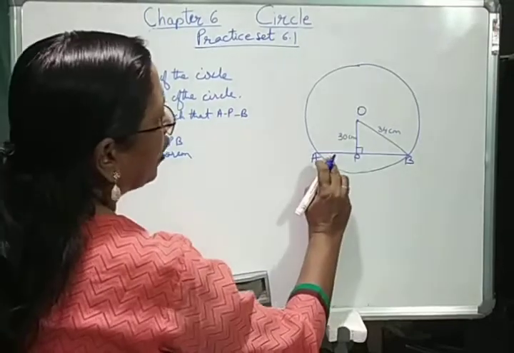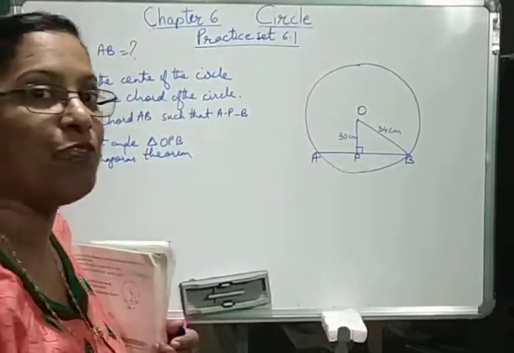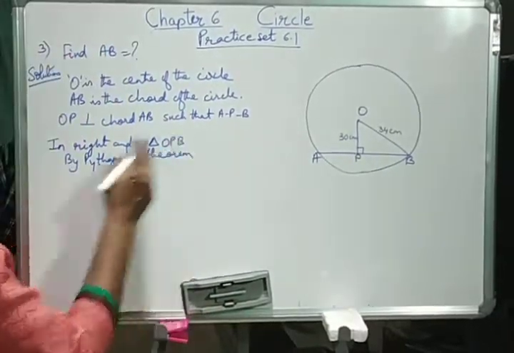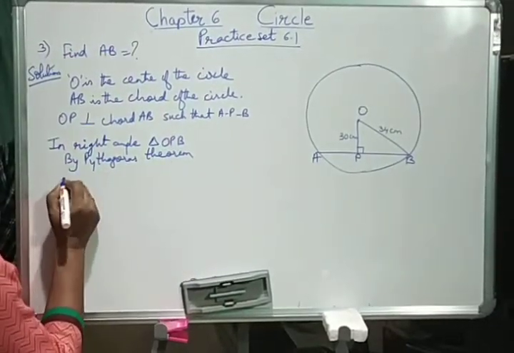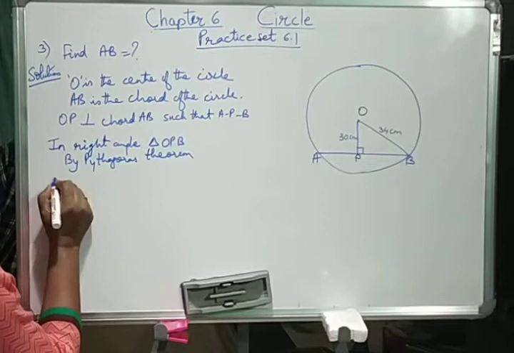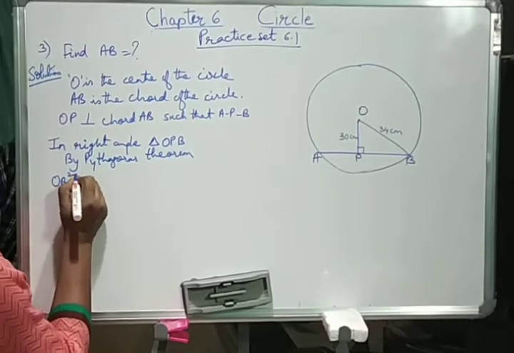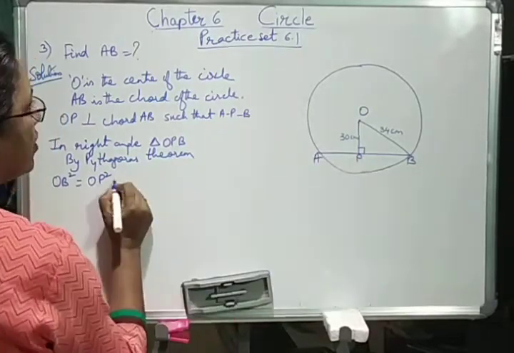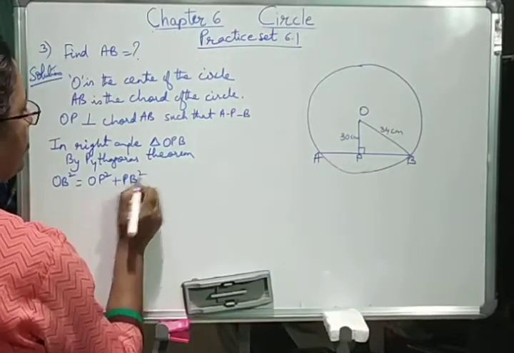Because we cannot find out directly AB. First we have to find out PB. Now we will write down over here OB square is equal to OP square plus PB square.